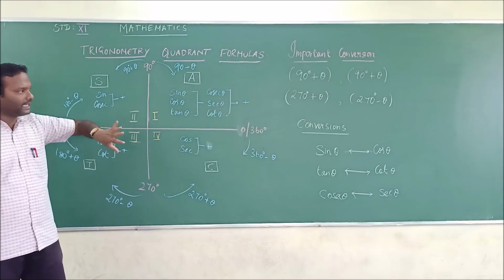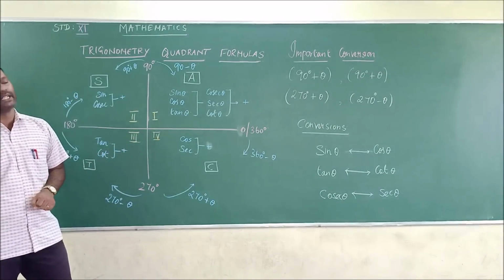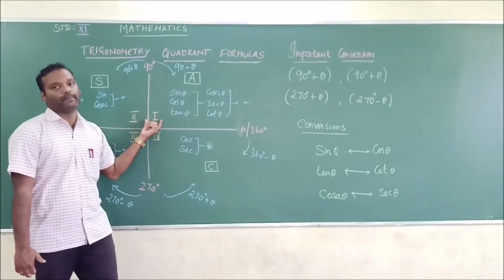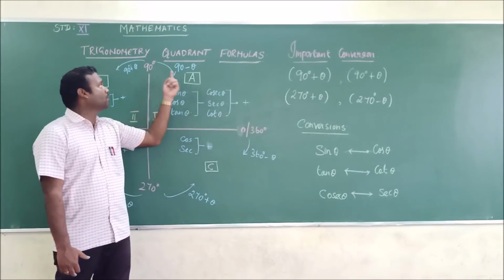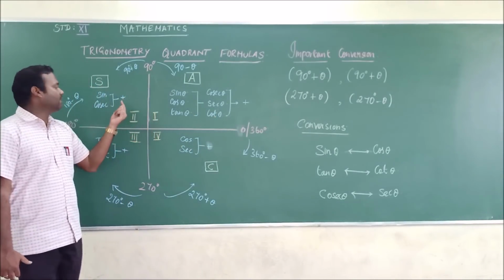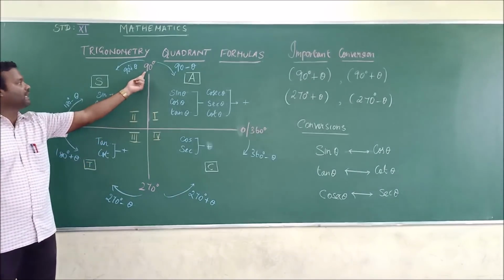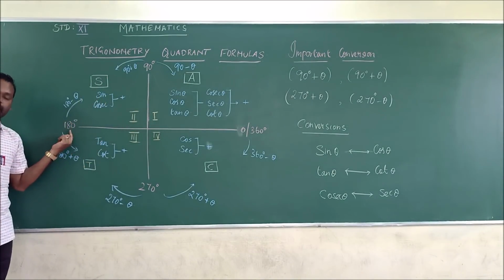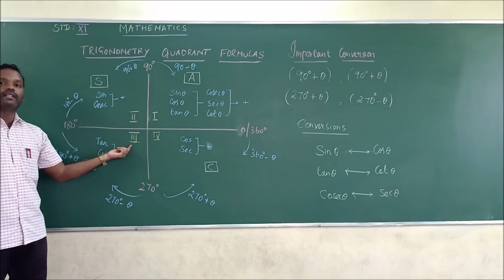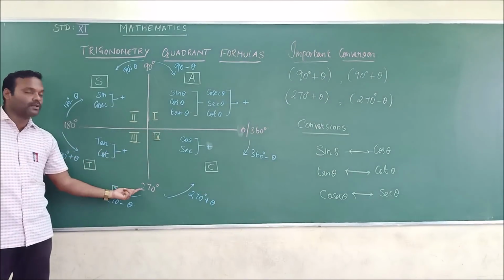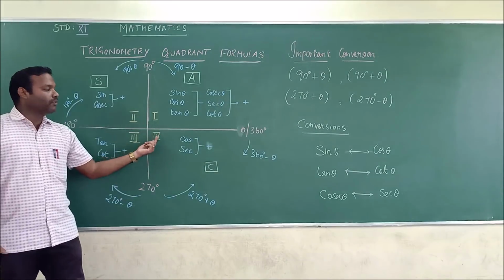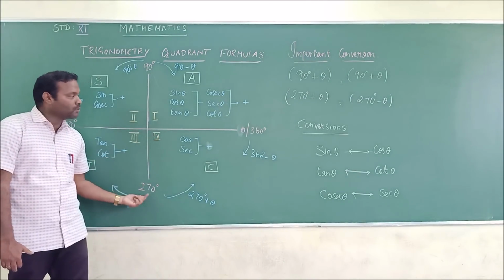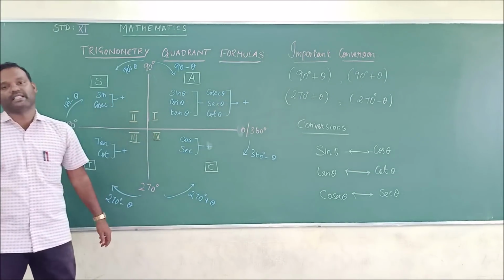What is the range of the angle in each quadrant? The first quadrant is between 0 to 90 degrees, the second quadrant between 90 degrees to 180 degrees, the third quadrant between 180 degrees to 270 degrees, and the fourth quadrant between 270 degrees to 360 degrees.